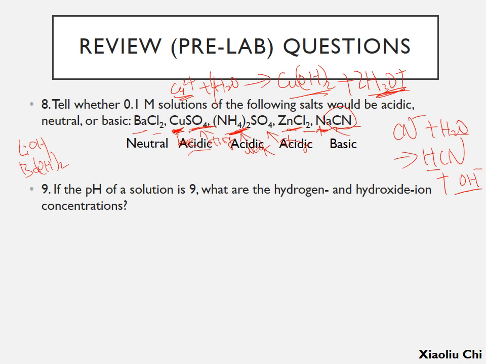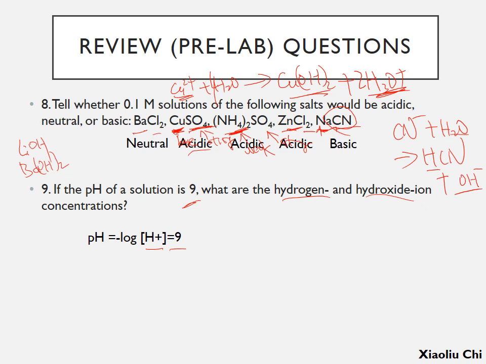If the pH value of a solution is 9, so you know the pH value. The question is what are the hydrogen and hydroxide concentrations? And to do that, we know the definition of pH is negative log of hydrogen ion concentration, which is 9. So you can use your calculator.